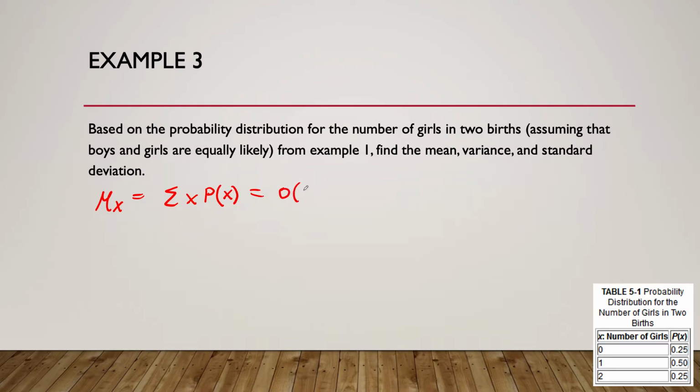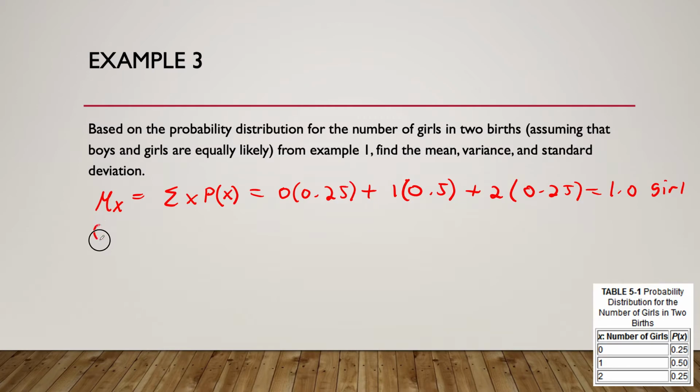So 0 times 0.25 plus 1 times 0.5 plus 2 times 0.25. Toss that into a calculator, you get an answer of 1.0 girl.